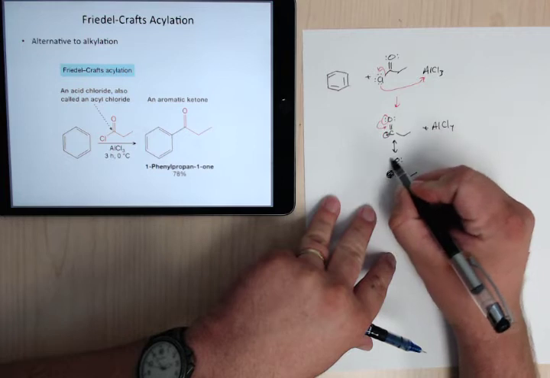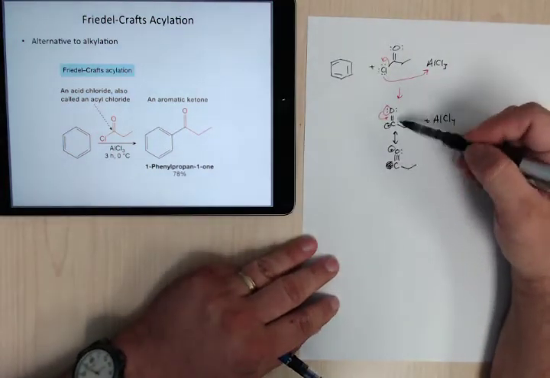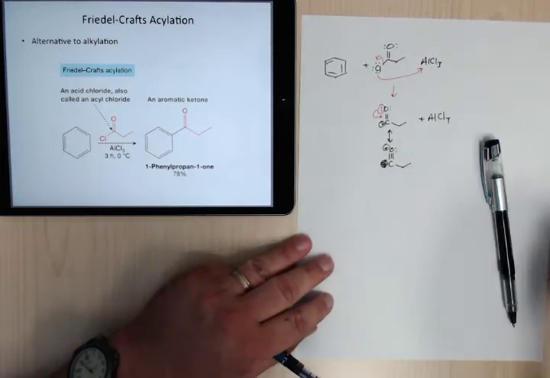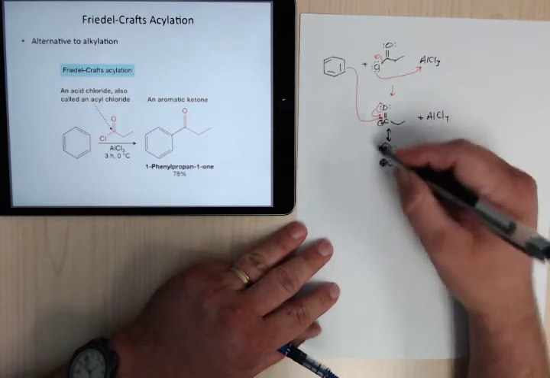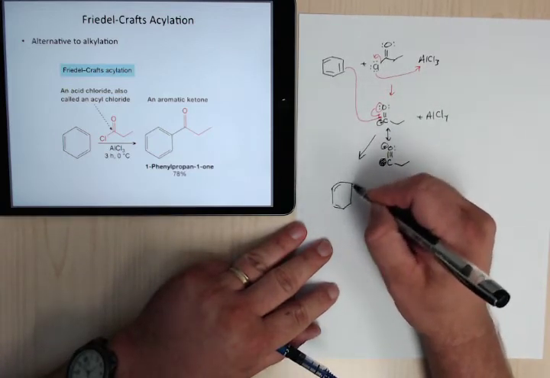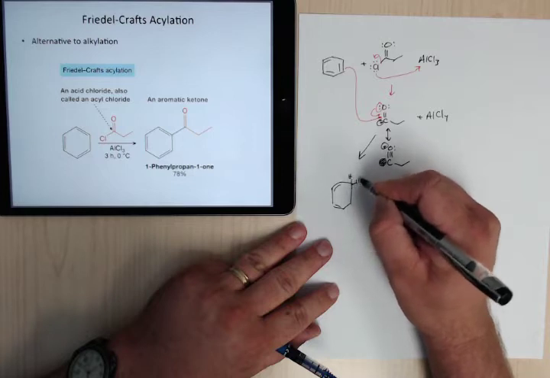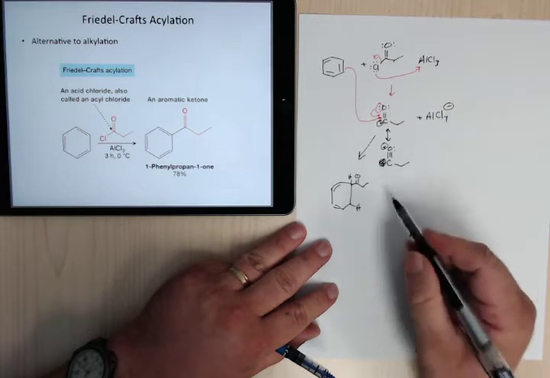So you can get this resonance structure to stabilize it, so you don't get the rearrangement. And so then this is going to come in and attack. So you're going to end up with hydrogen, right?